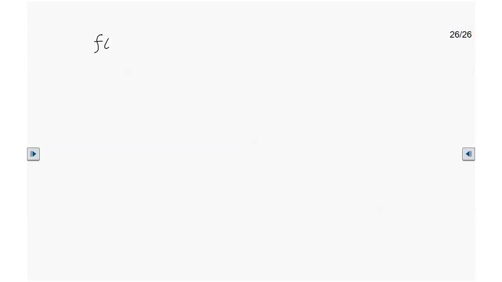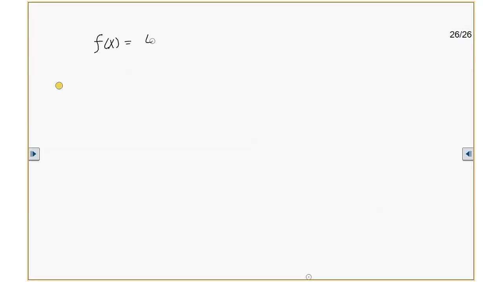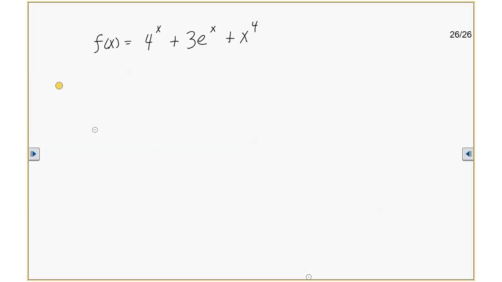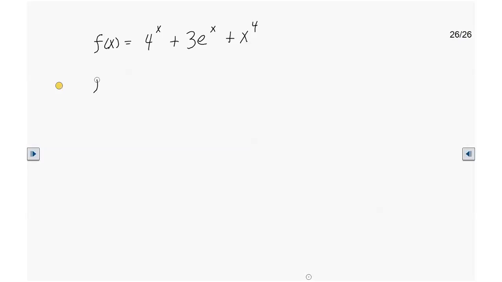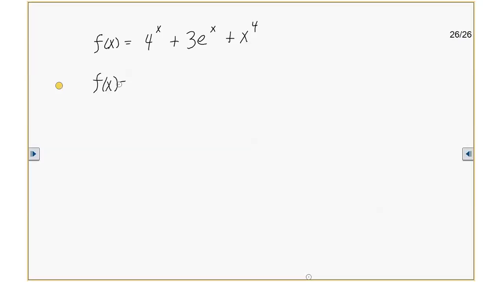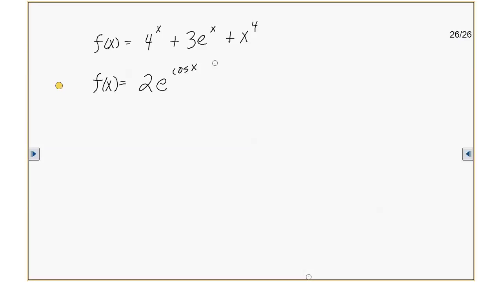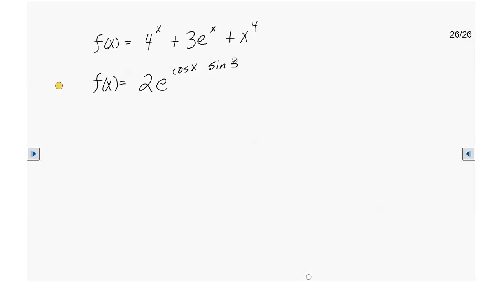f of x is equal to 4 to the x plus 3e to the x plus x to the 4th, and f of x is equal to 2e to the cosine of x sine of 5x.